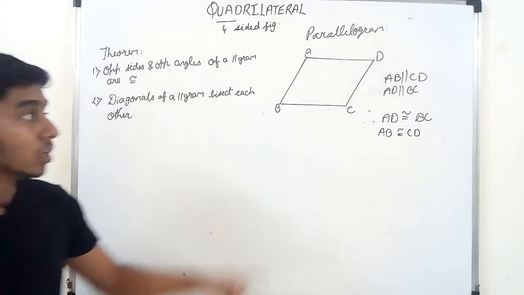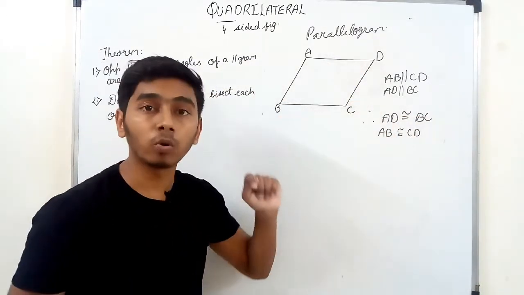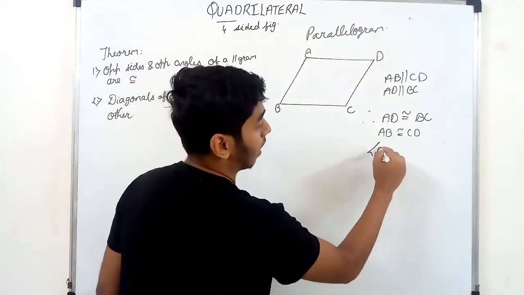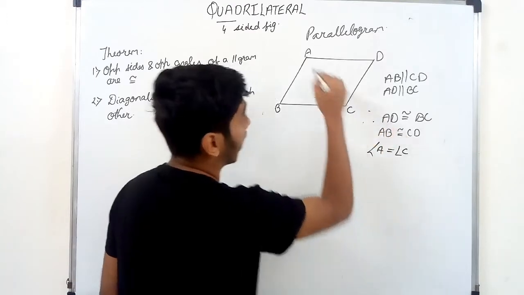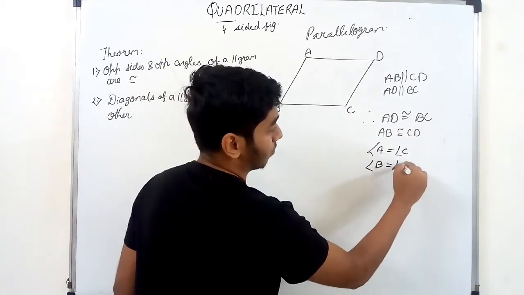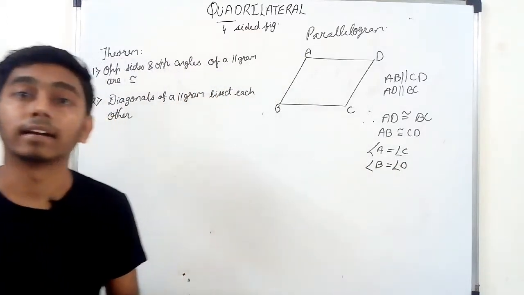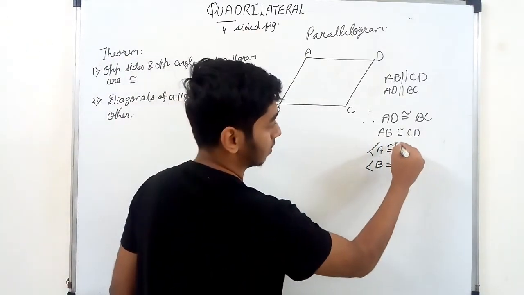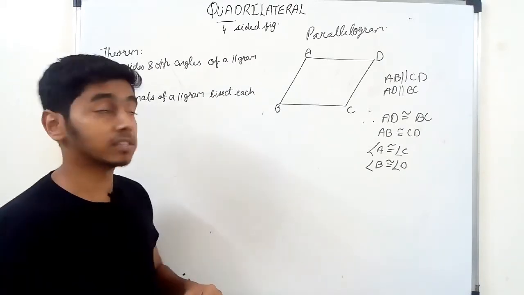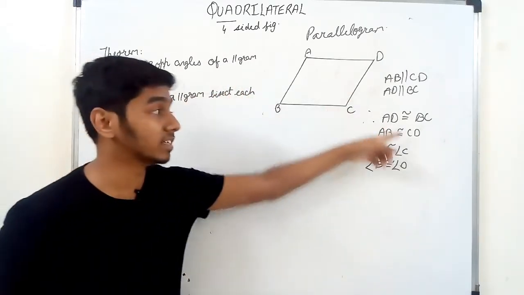The opposite sides are congruent as well as the opposite angles: angle A is congruent to angle C, and angle B is congruent to angle D. This is what the first theorem says.